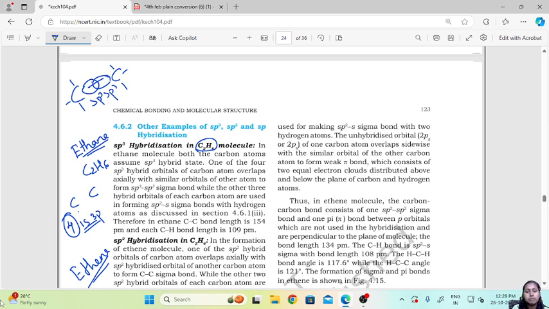Now, this I will explain to you. Carbon's atomic number is 6. There are 2 carbon atoms.